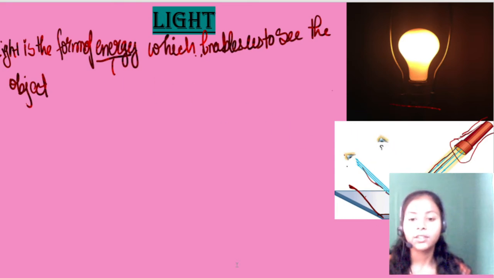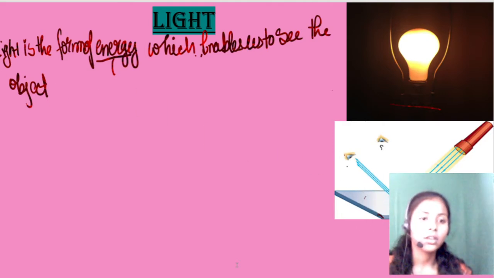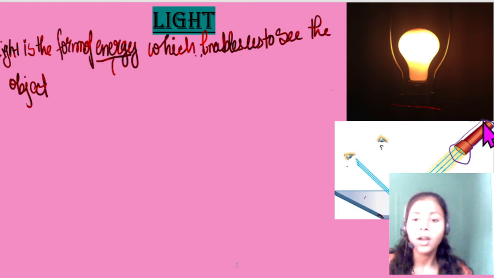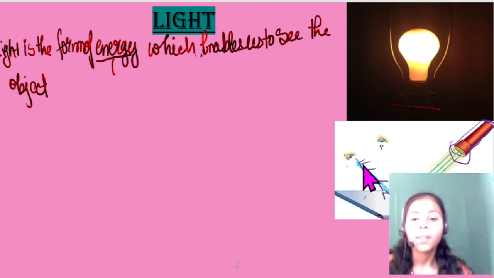Suppose in a room there is no light. The bulb is off. So you go with a torch and you want to see the object. When you put the light ray on the object, then from this object the light ray is reflected toward your eyes, which leads to the formation of image on your eyes.